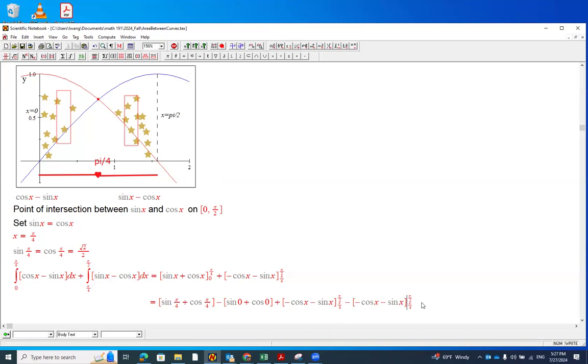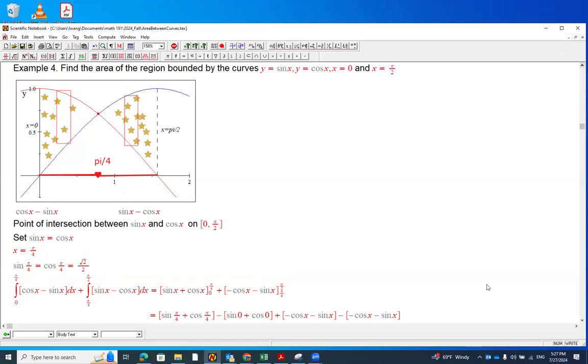Wait, no, sorry. I think I need to remove those, because here is pi over 2. I removed it. There we go. I want to keep the integrity of the whole thing. Pi over 2 will be substituted on this piece. You guys can probably do it faster than I can.